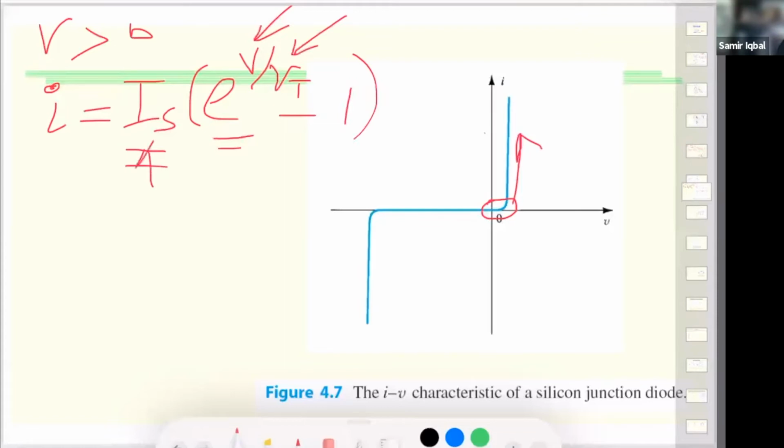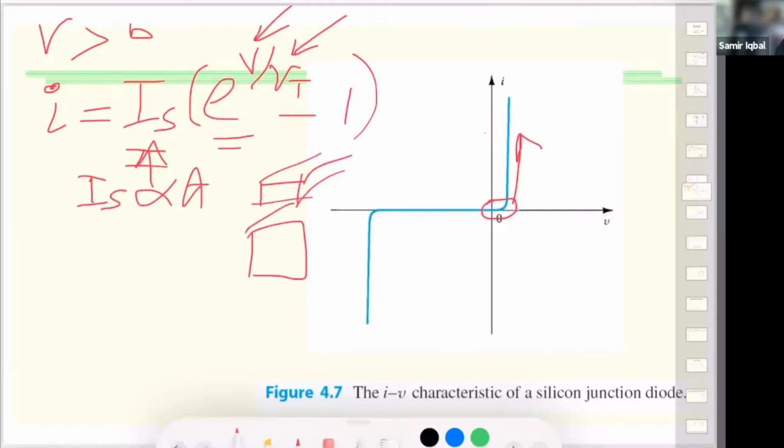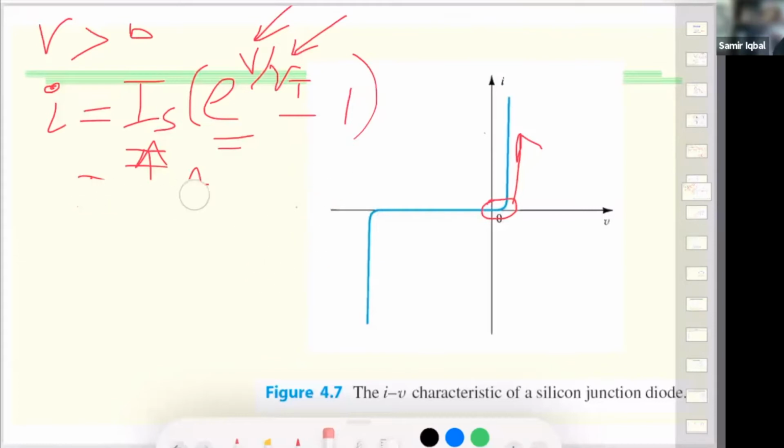This guy, IS, is a function of the diode dimensions, cross-section area, and all those things. So it depends on maybe a bigger monolithic device versus a smaller monolithic device. So it goes down to the material things of a diode.